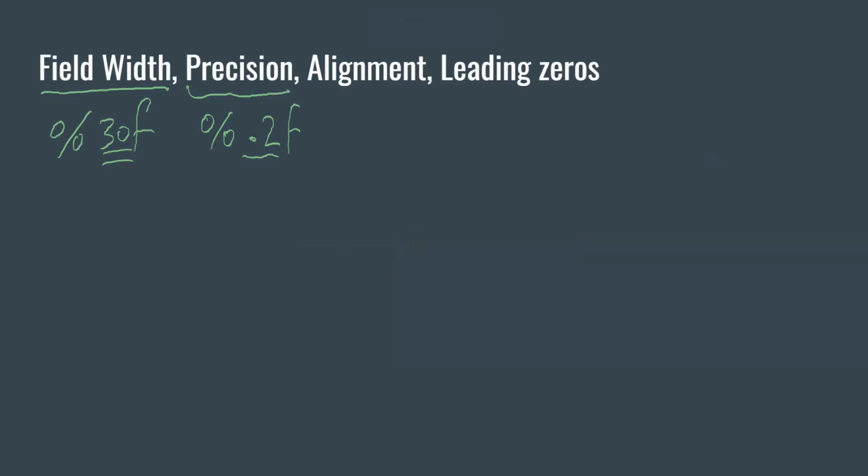So you write %.2f. If you want to specify 2 things, field width plus precision, you do %30.2f. How do you specify alignment? By a negative sign if you want left alignment, and you use nothing for right alignment.